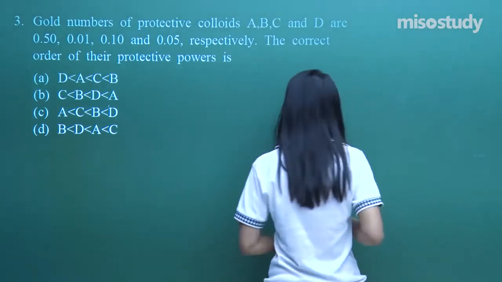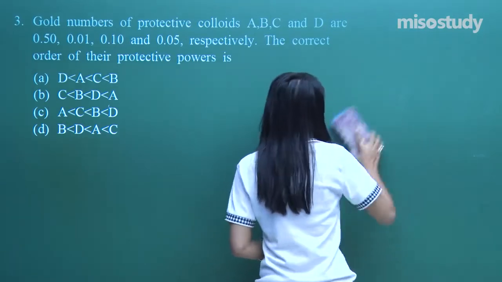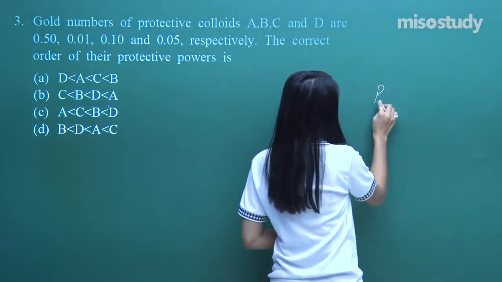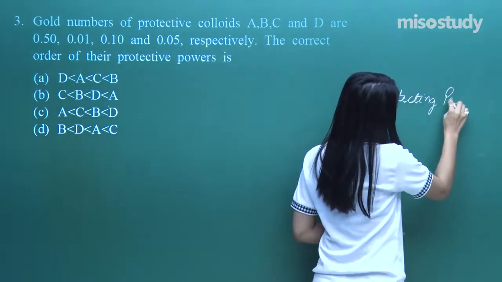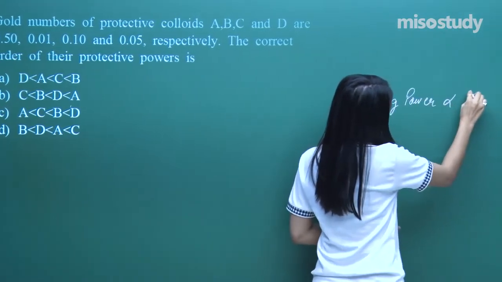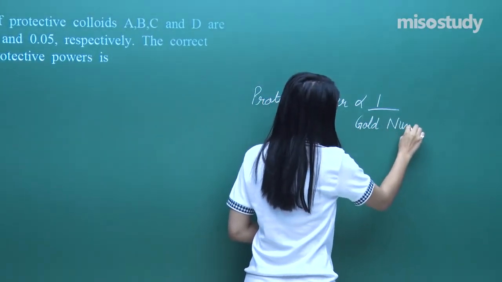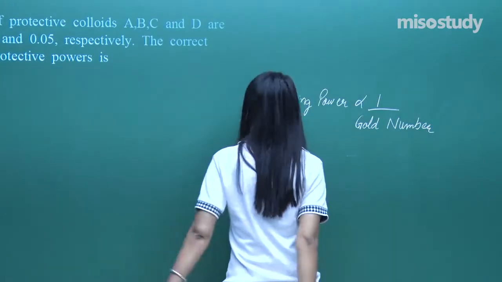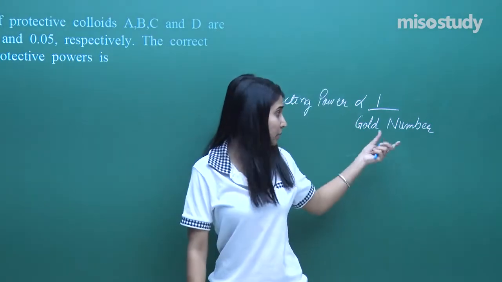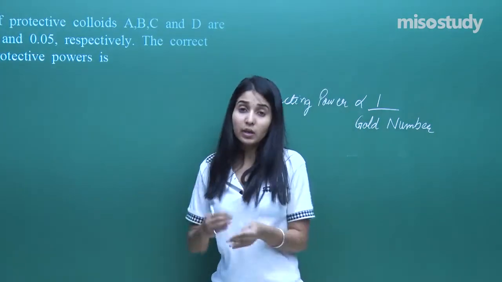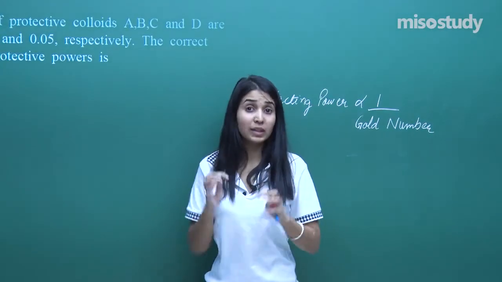So simply I have to write it as gold number, or you can say the protecting power is inversely proportional to my gold number. We do not need to go into the theory, that is not even our case. We simply know the concept, how it works. We have read that the smaller the value of gold number, the higher will be its ability to protect the colloid.